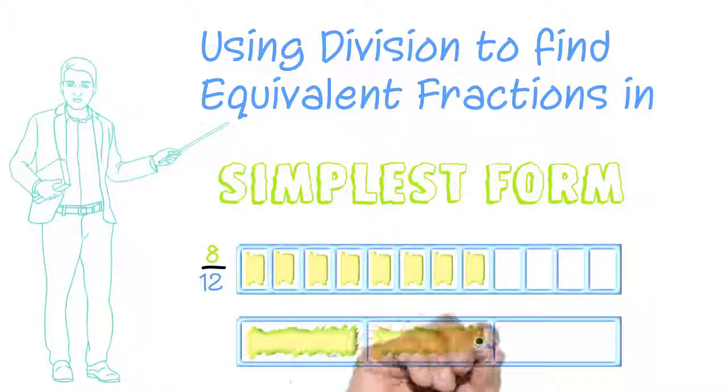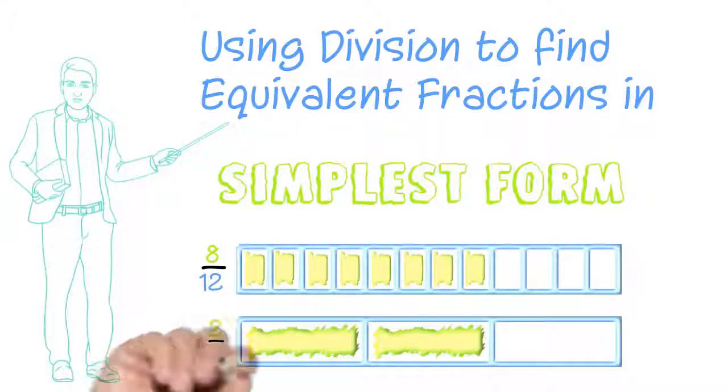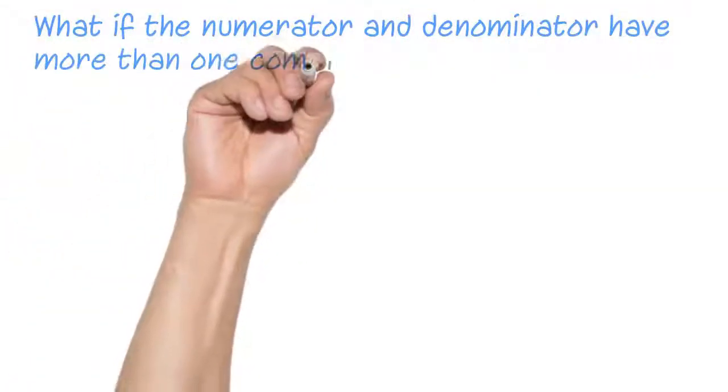Look at the models below. Why is the model 2/3 considered the simplest form? What if the numerator and denominator have more than one common factor?